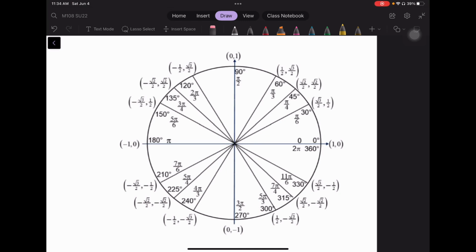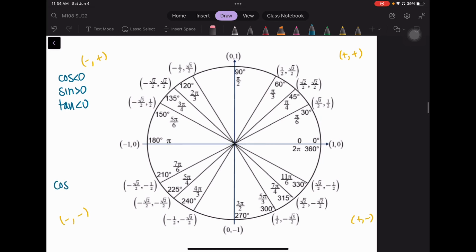So notice you've got negative x, positive y's in the second quadrant, negative x, negative y's in the third quadrant, positive x, negative y's in the fourth quadrant, and positive x and y in the first quadrant. And so that means that we've got the cosine is negative, your sine is positive, and your tangent is negative in the second quadrant.